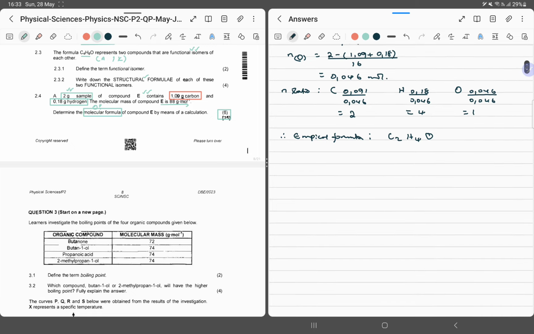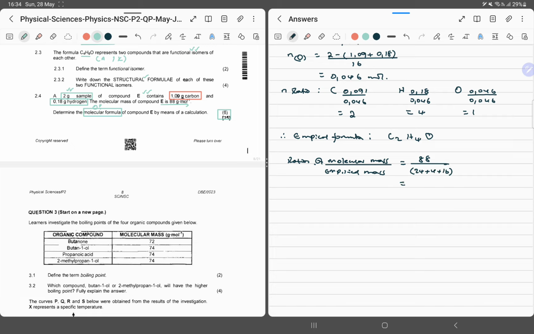Now, what do we know? We also know that now the ratio of molecular formula, not molecular formula, but molecular mass over empirical mass is going to be, that is 88 over, this one is going to be 12 by 2 is 24 plus 4 plus 16.